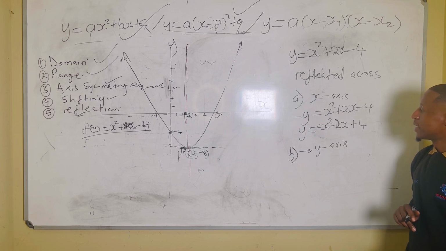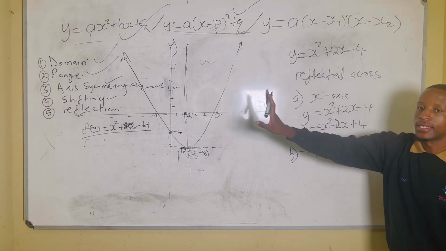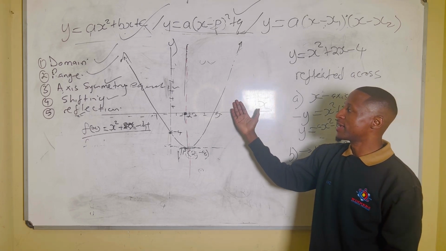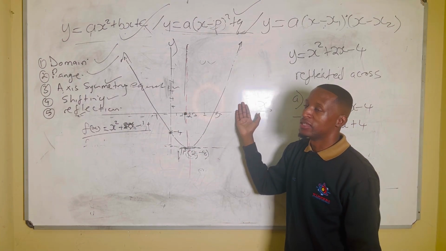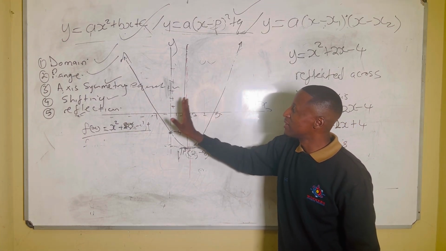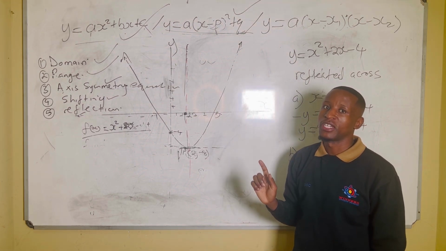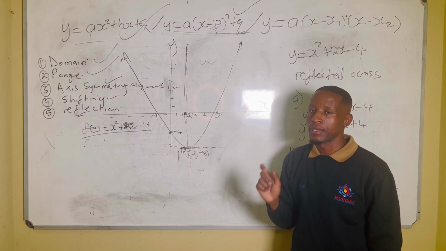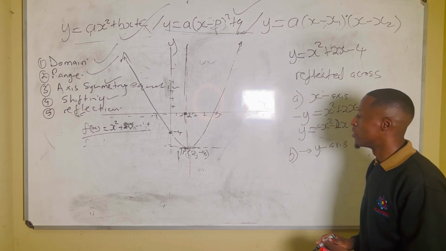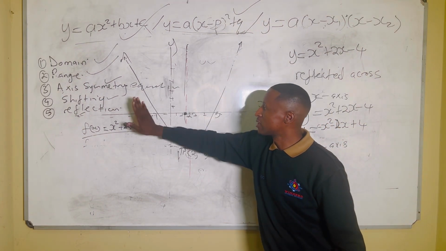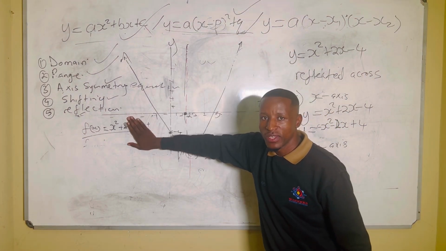We are on reflection, reflecting it across the y-axis now. Reflecting it across the y-axis is reflecting it in this way. So reflecting it in this way is still gonna be facing up, meaning our value of a must never change. It must still carry the same sign, meaning positive. So reflecting it in this way, do you see how my hand is moving?